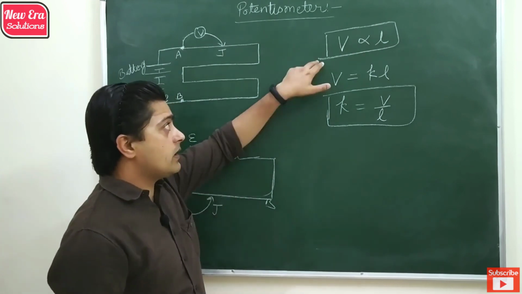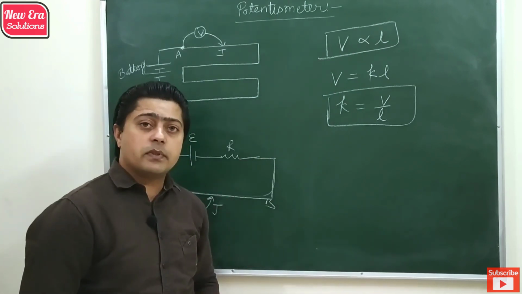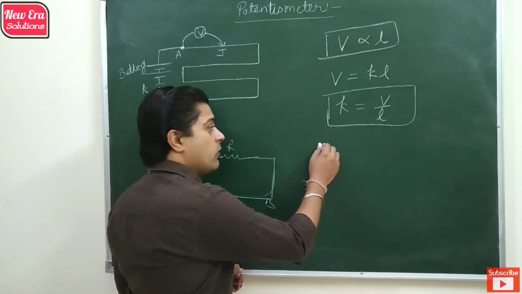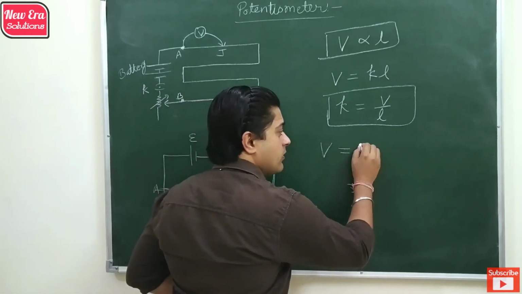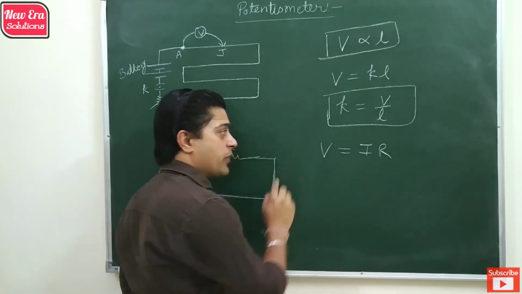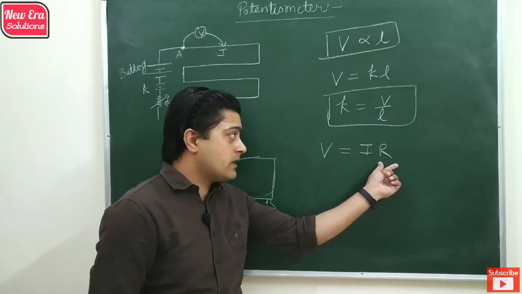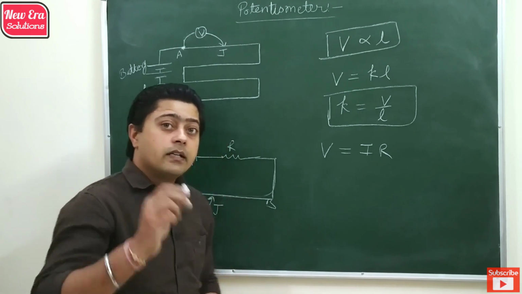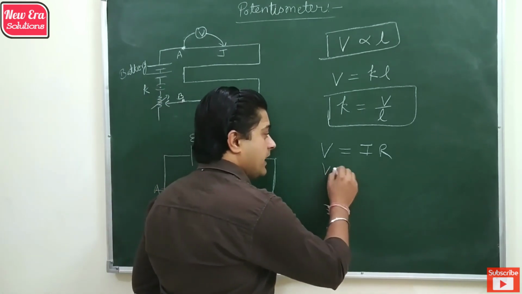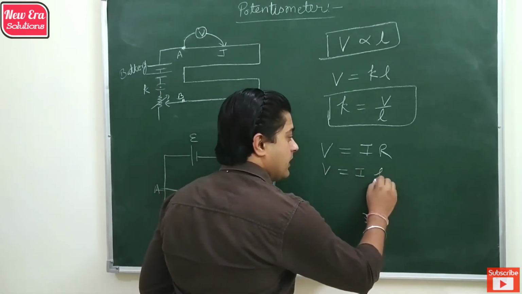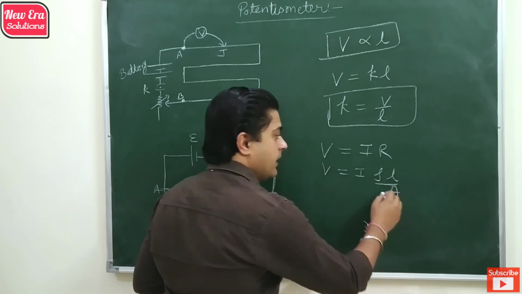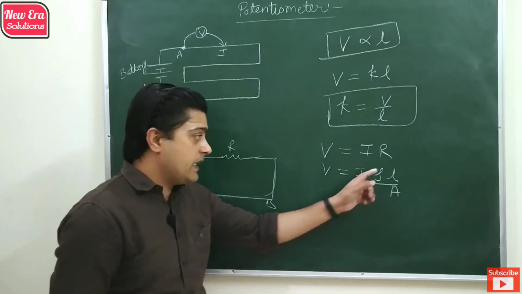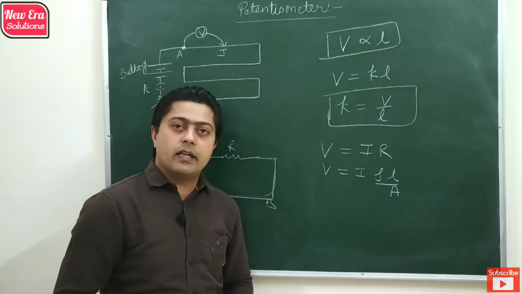Then if we discuss where we get that principle from, from Ohm's law we have V equal to IR: the potential across a resistance when current I is flowing is equal to the product of current and resistance. Then we also know that the resistance of a wire is rho L by A, where rho is the resistivity, L is the length and A is the area.